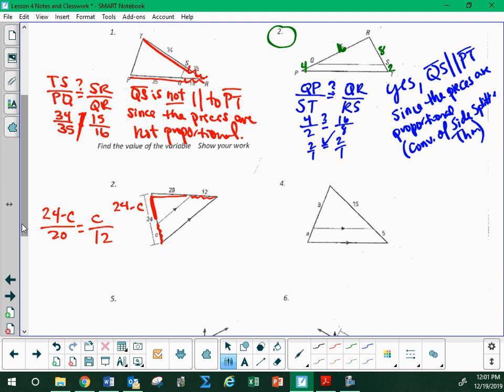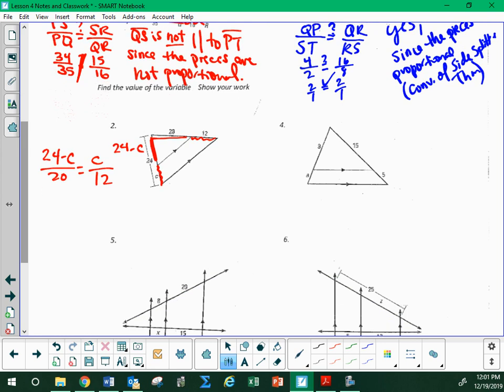And how do we solve these kinds of problems? Cross multiply. Always look to see if you can reduce first, but it doesn't look like I can, so let's cross multiply. So I have 12 times 24 minus C equals 20 times C.